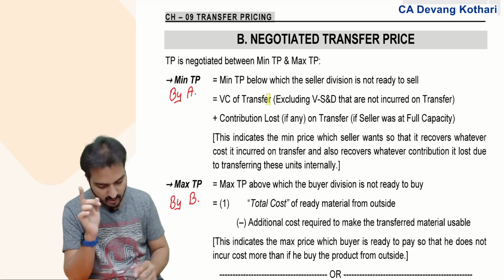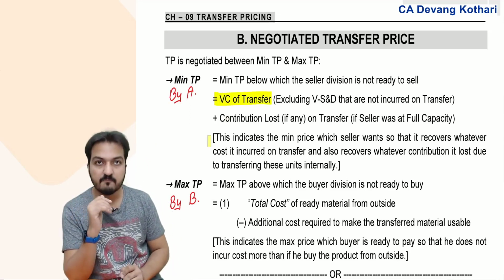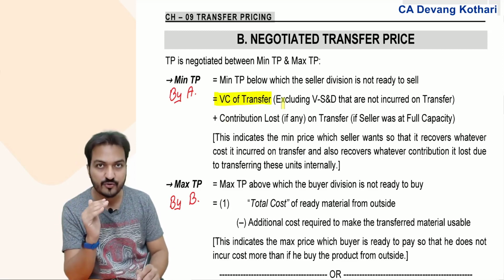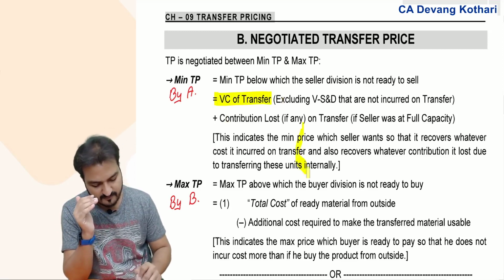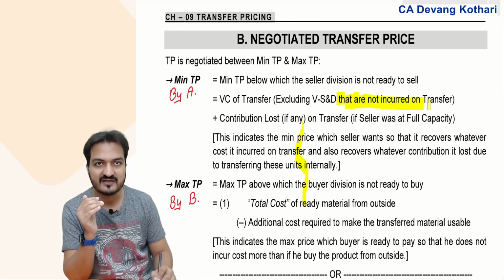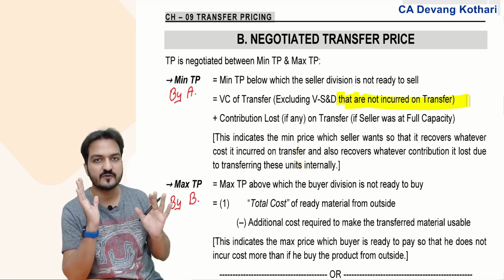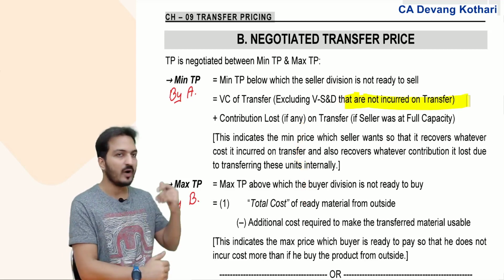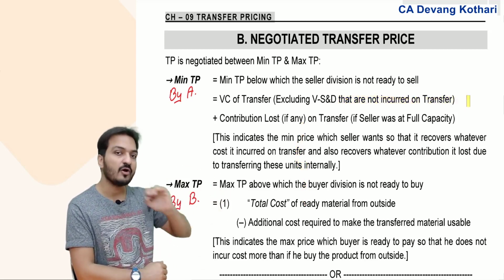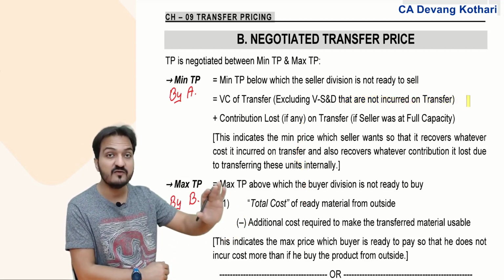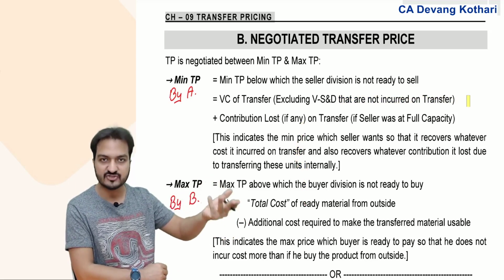Now variable cost of transfer might generally exclude the variable S&D cost that are not incurred on transfer. Because when I sell units to outside customer, I will incur all types of variable cost, even the variable selling and distribution packaging cost.